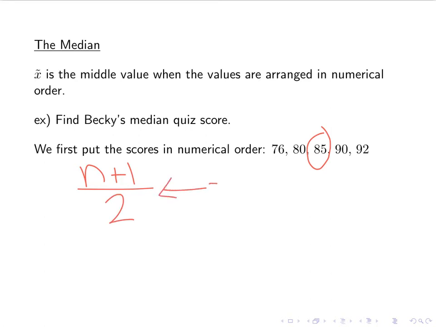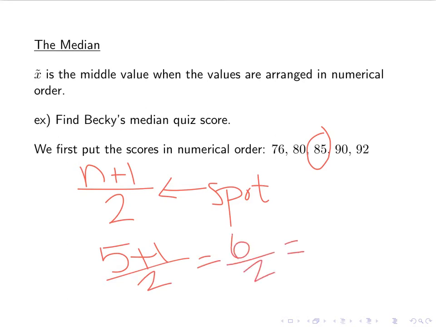And that is the spot where the median is. So in our case, n is 5, so 5 plus 1 over 2 is 6 over 2, which is 3. So it's in the third spot. So 1, 2, 3. Or again, if I had done it the other way, 1, 2, 3. So again, if n is odd, there is a middle value.